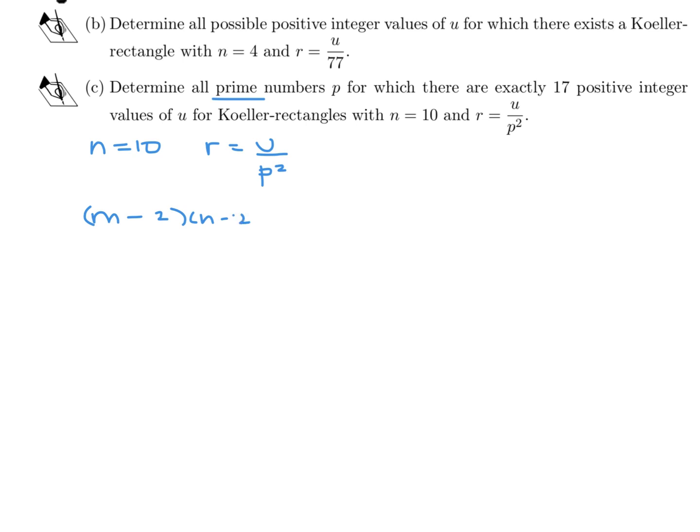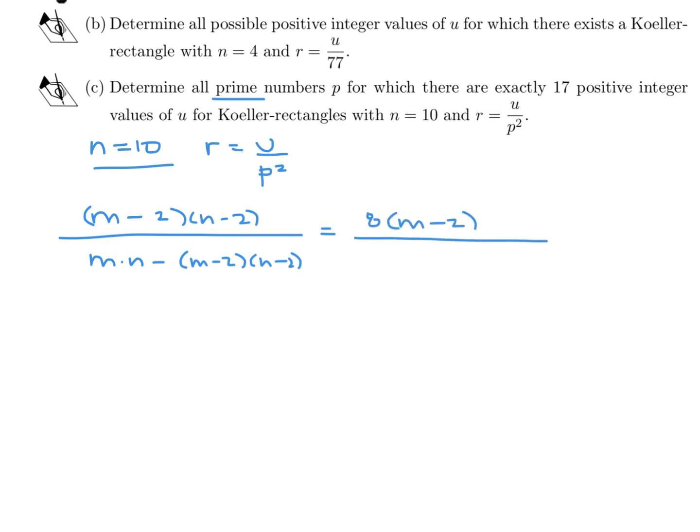minus 2 over m times n minus m minus 2 times n minus 2. And that ratio, if I simplify all this using n equals 10, it will become 8 times m minus 2, and then the denominator is 10m minus 8m plus 16, which is 2m plus 16.